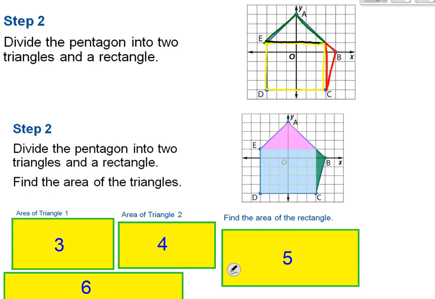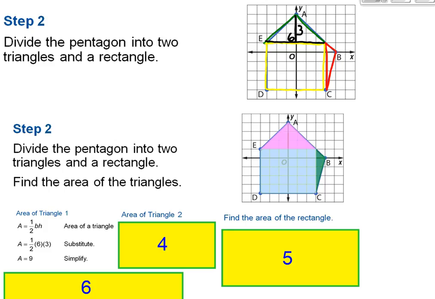Remember, this side is 6, so the base of that is 6. The height here is 3. The area of a triangle is 1/2 base times height, so we're going to take 1/2 times 6 times 3. So here's the work for that, and the area of that green triangle turns out to be 9. And I'll let you look at that as well.